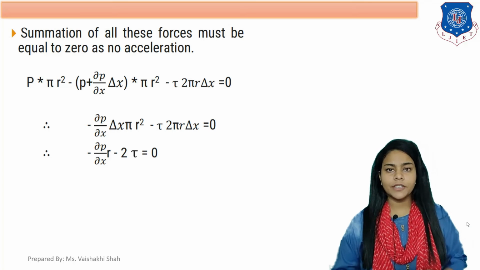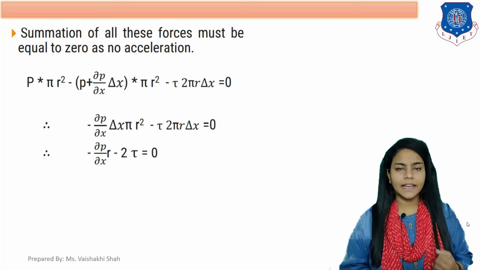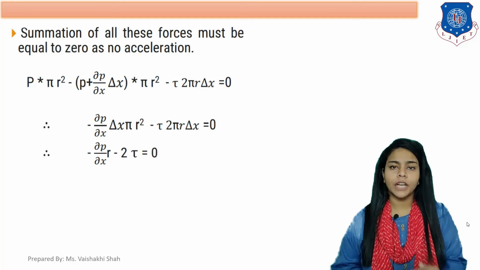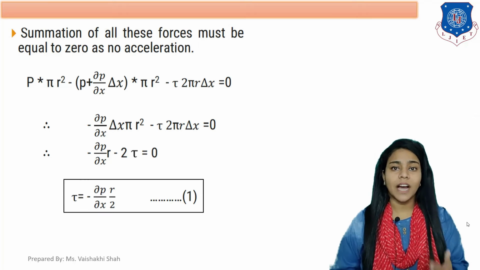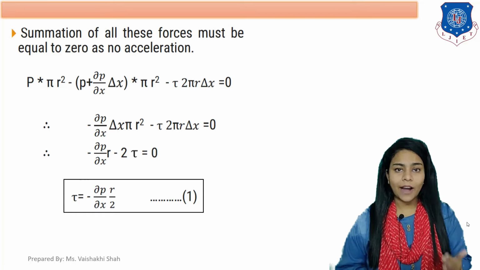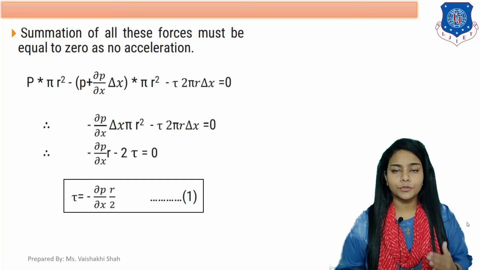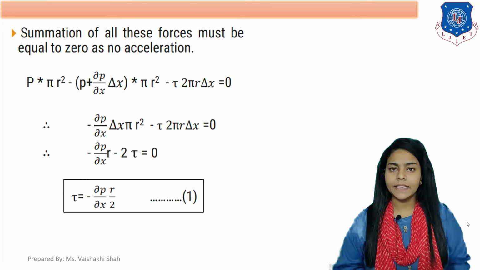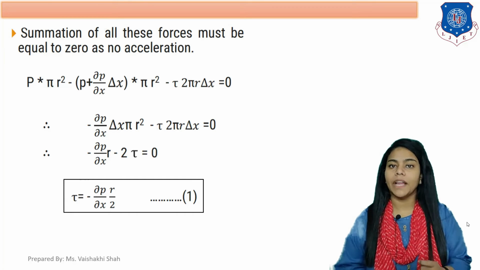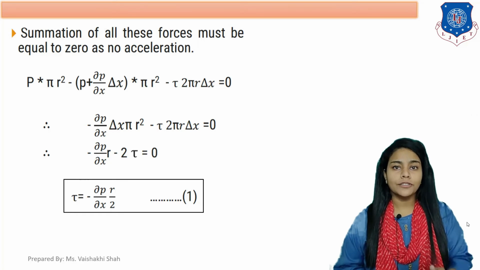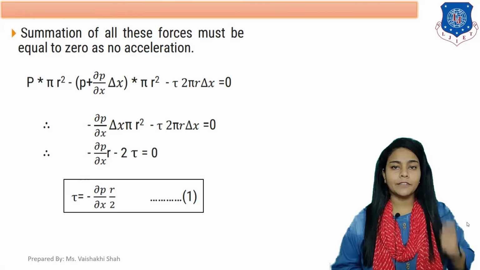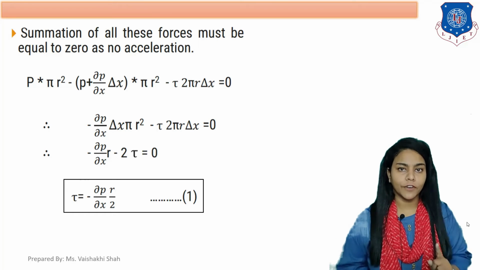So your equation is minus del P by del x into small r minus 2 tau equals 0. Now taking tau as the subject, tau equals minus del P by del x into small r by 2. This is the equation for tau, the shear stress, and this is equation number 1.